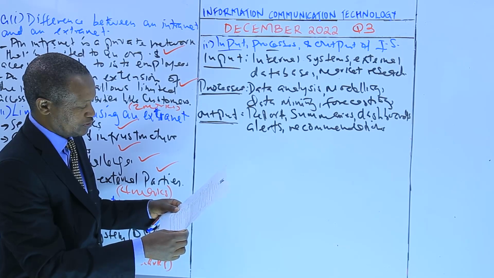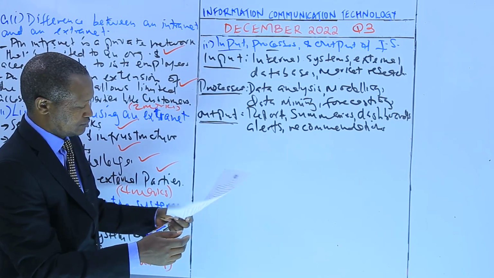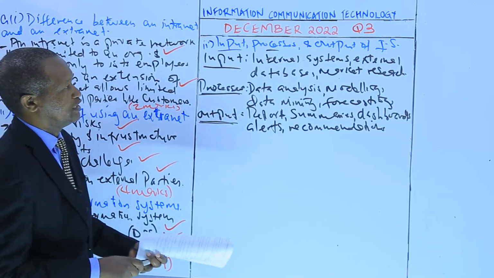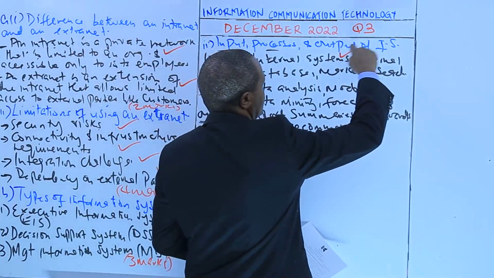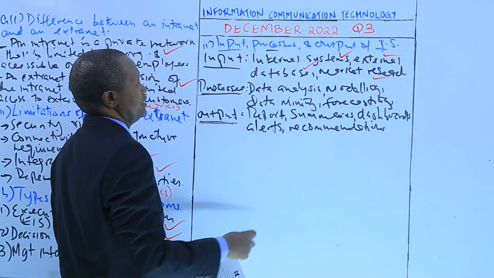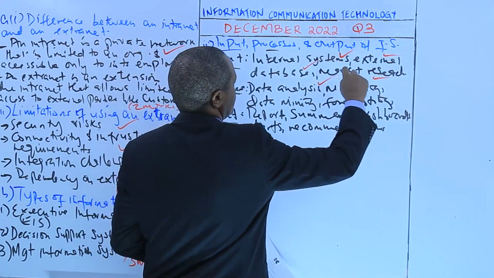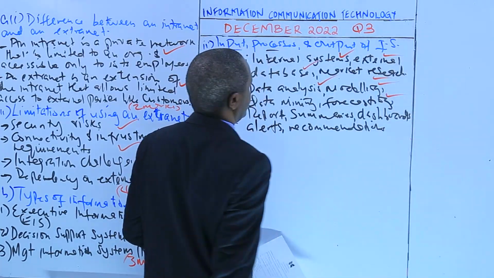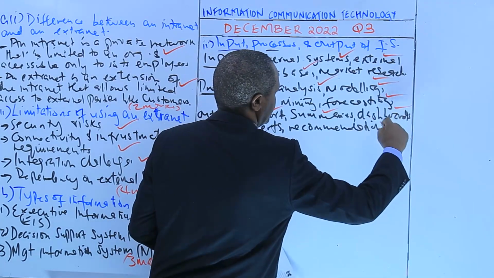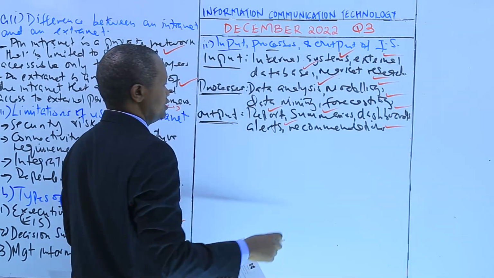So that will earn you 3 marks. Given you enough inputs, any input here would earn a mark. Any process would also earn you a mark, and any output would earn you a mark.